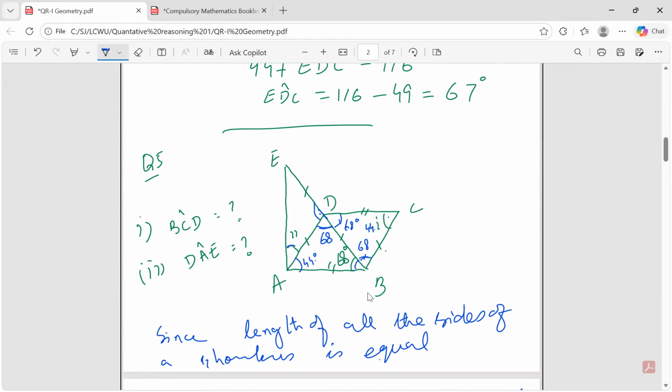You need to compute this angle. Now we have this angle 112 and this outer angle 44 degrees.